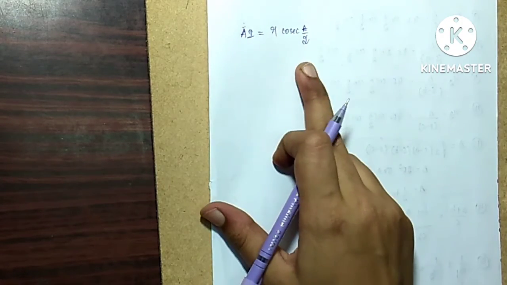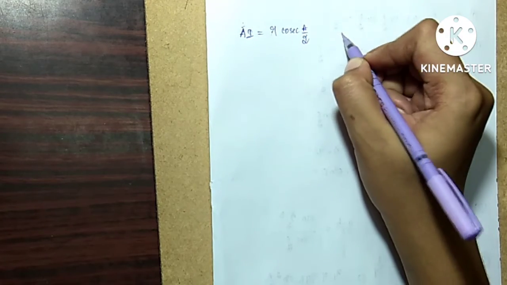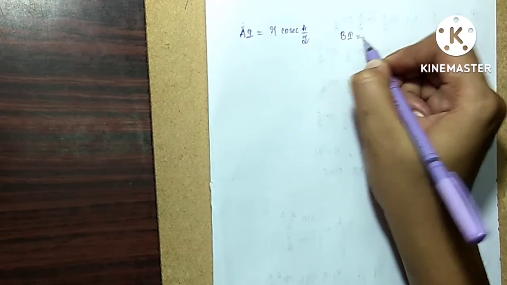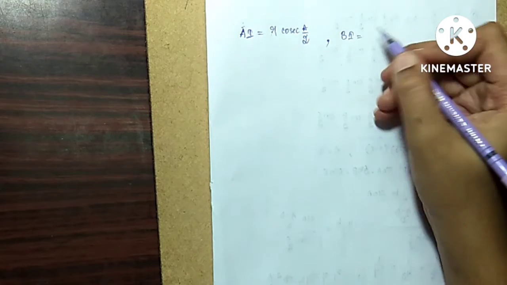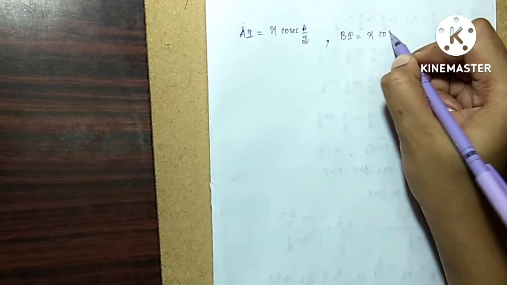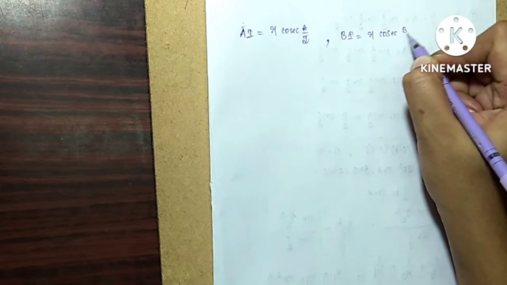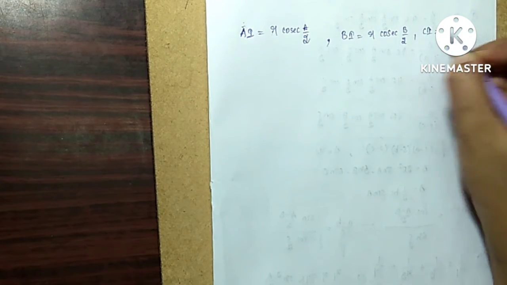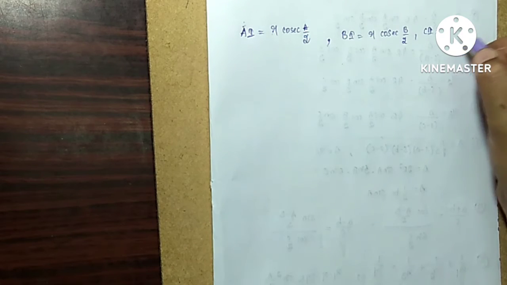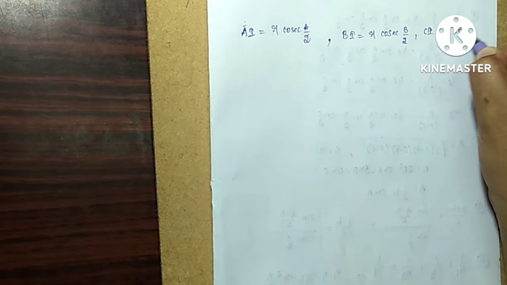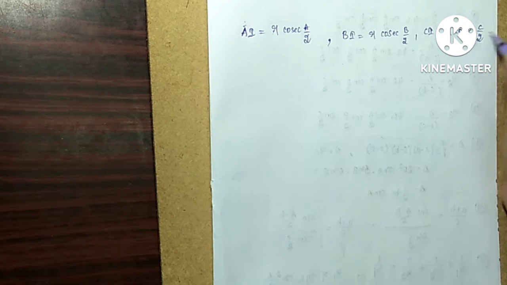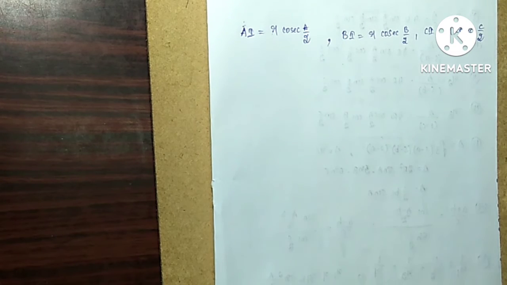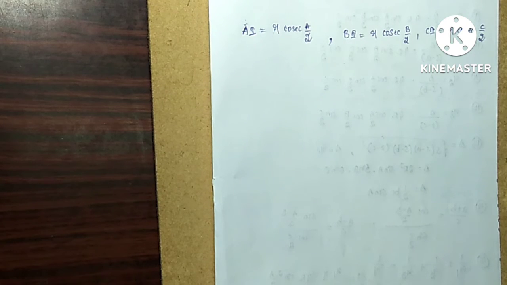And BI is equal to R cosecant B by 2. In the similar form, tell me the CI formula: R cosecant C by 2. This is very easy. You have to complete this chapter for JEE Mains. Don't forget it.